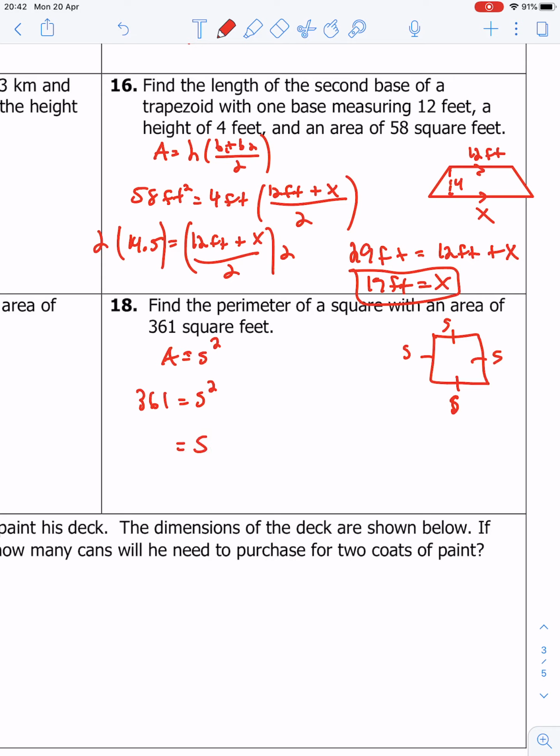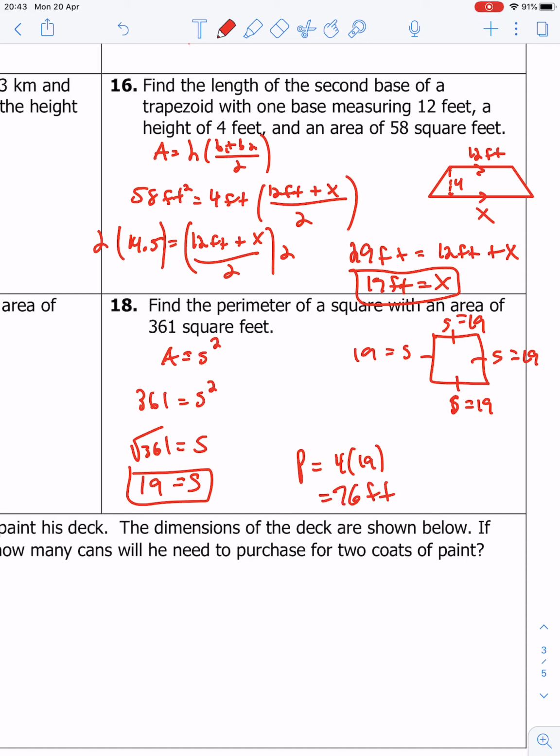So s is going to be the square root of 361, which is 19. So if s is 19, the perimeter is going to be 19 plus 19 plus 19 plus 19. So the perimeter is 4 times 19, which equals 76 feet.